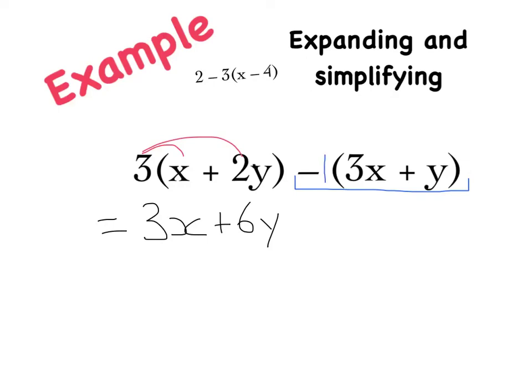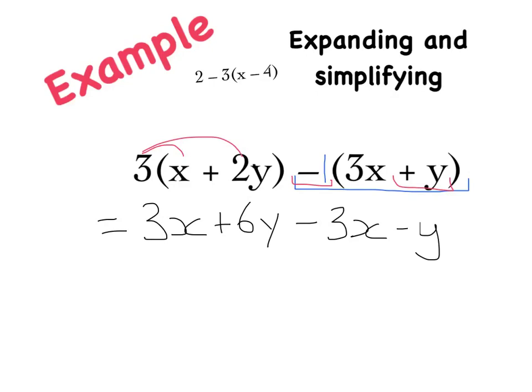So, negative 1 multiplied by 3x, negative multiplied by a positive becomes negative 3x. Negative 1 multiplied by positive y becomes negative y. Okay, or negative 1y. My signs are different. We don't write negative 1y. We write negative y. Okay, so I'll rub that out.